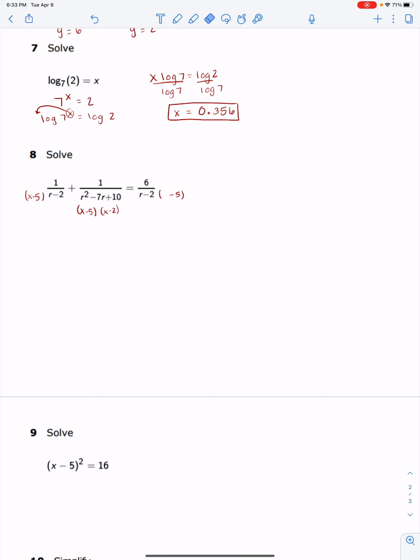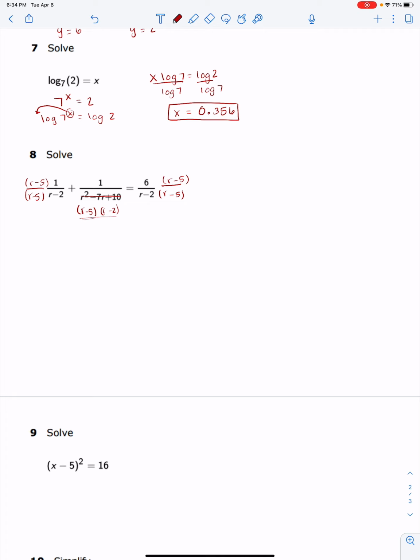Hang on. Okay, but if I do that to the bottom, I have to do it to the top. And this middle one doesn't multiply by anything because I didn't multiply it. That is the one I'm trying to match.